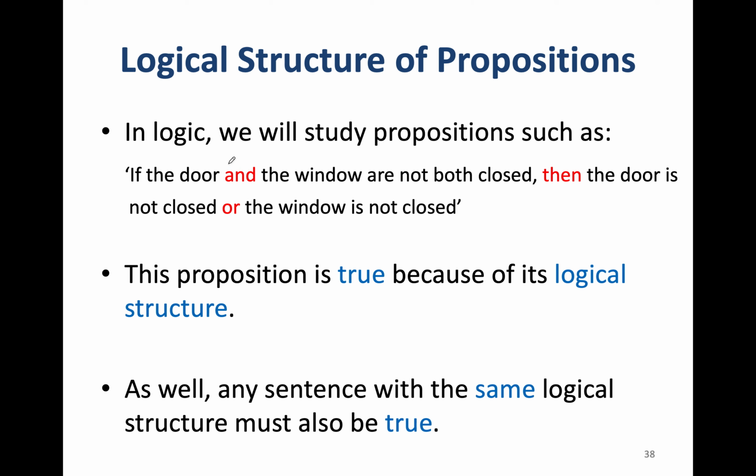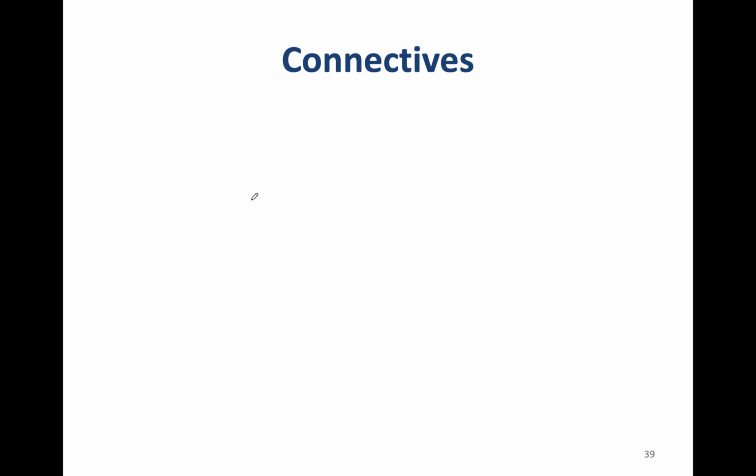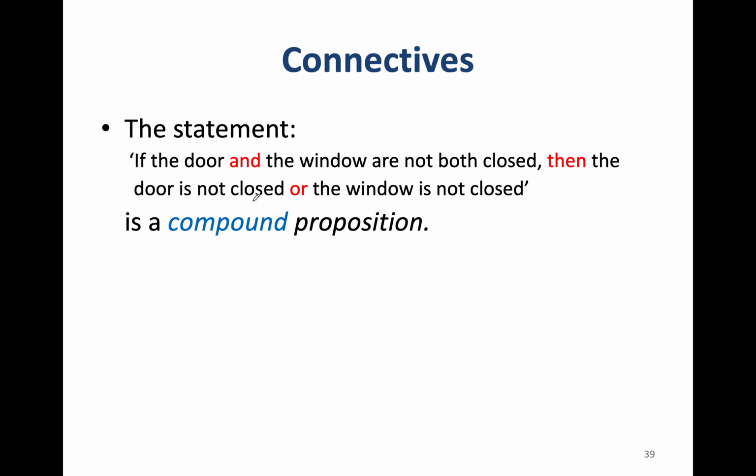Now, you can assign a truth value to this proposition here. All right, and we will check how we can assign truth values to those connectives. However, you can see that we have more than one proposition joined in a long statement using the connectives. Now, what are the connectives?